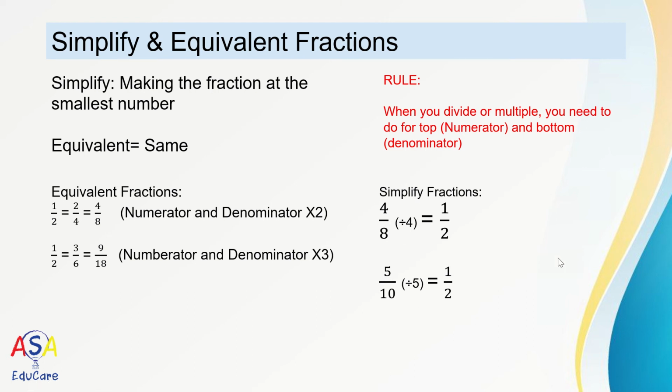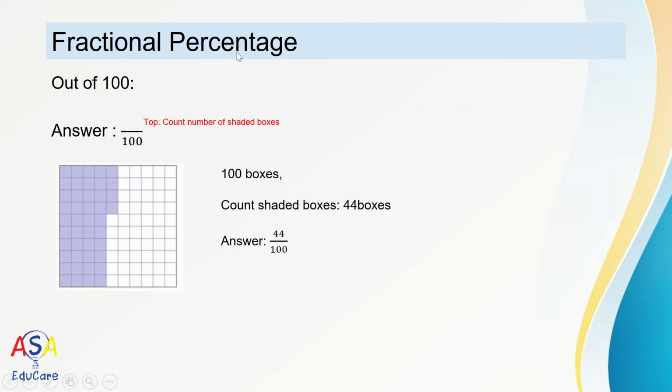Okay, same thing. Next, fractional percentage. Fraction is what you see. Percentage is, remember I talked about the marks, 100%. Yeah, so it's always out of 100. So all your answers for fractional percentage should be numerator over 100. How do I find the numerator? I got to count the number of shaded boxes.